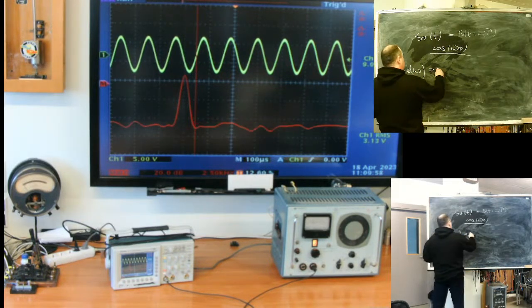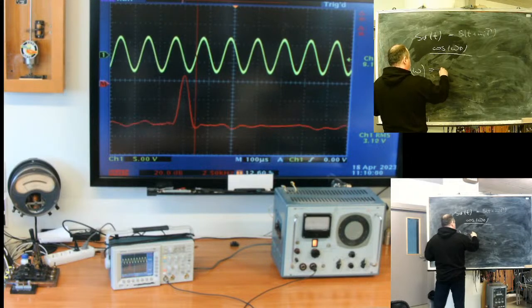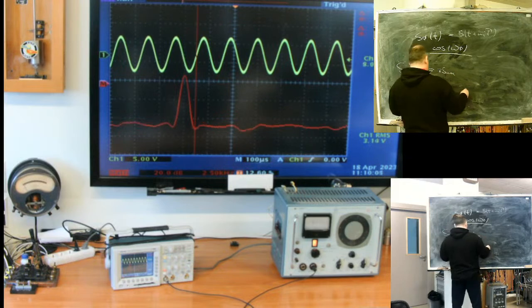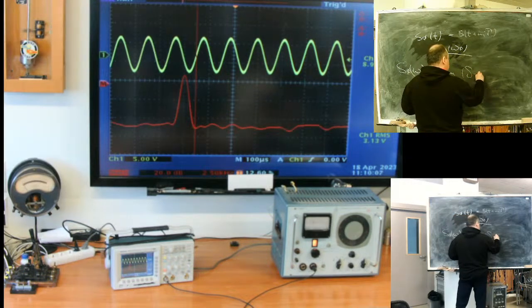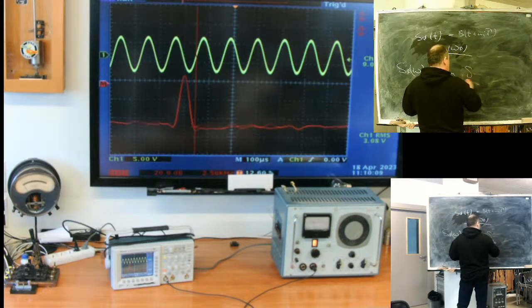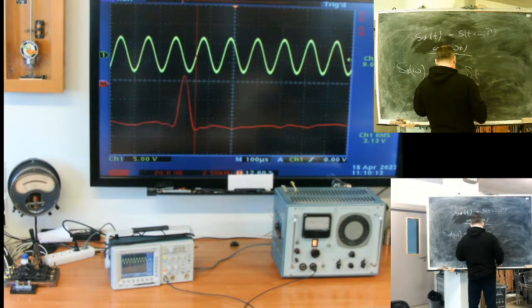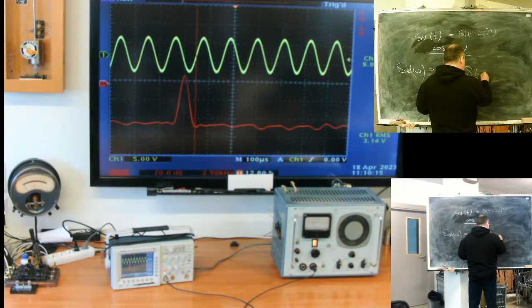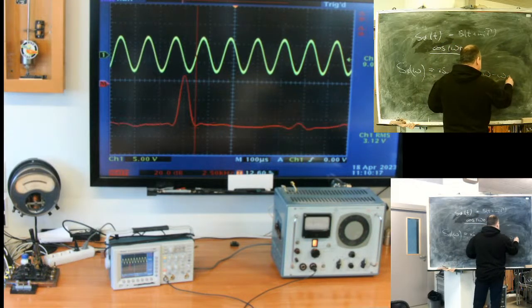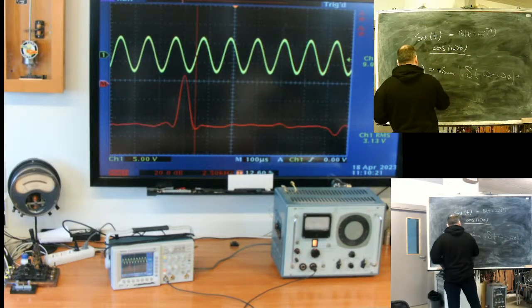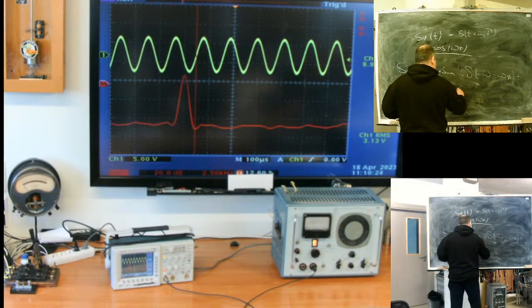It should be P max multiplied by a delta function of omega minus omega 0, plus a delta function of omega plus omega 0.